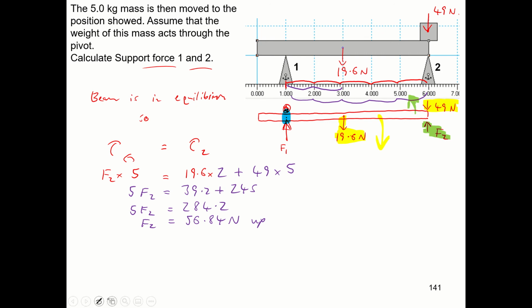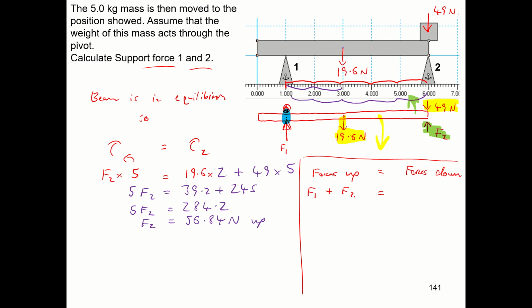We can also say, well, now we'll do the other condition for equilibrium. So over here, forces up equal forces down. So all of the things trying to push that whole beam upwards will be F1, trying to push it up, and F2, trying to push it up.